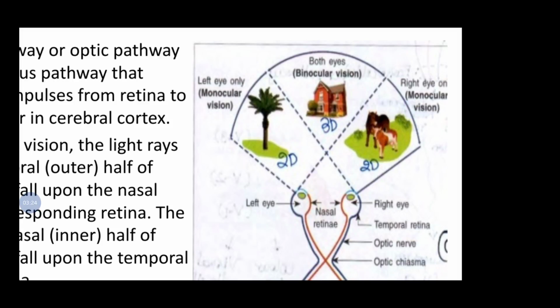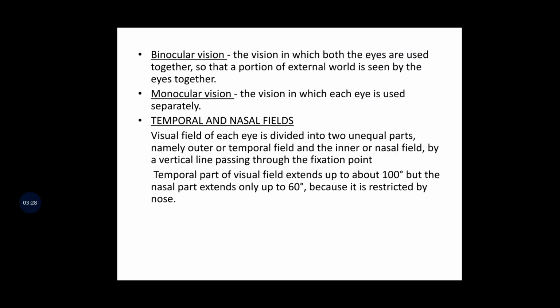With the combination of both of them, we have binocular vision. The visual field of each eye is divided into two unequal parts, the outer temporal and the inner nasal. The temporal part extends up to 100 degrees, but the nasal part extends only up to 60 degrees because it is restricted by the nose.